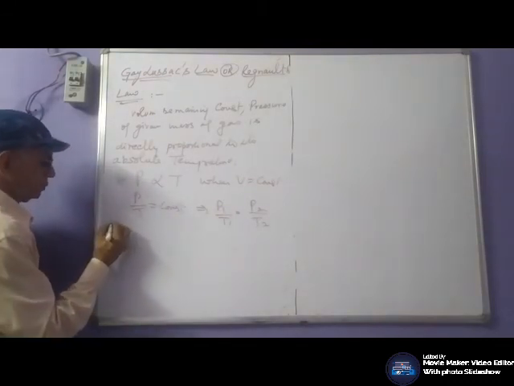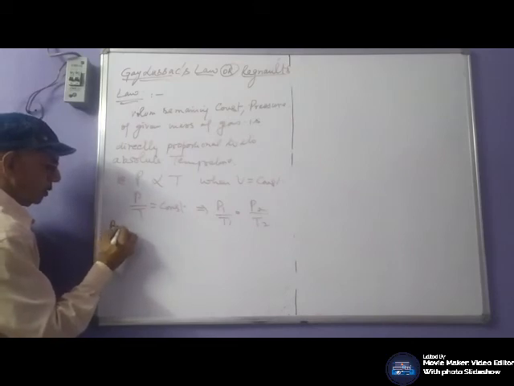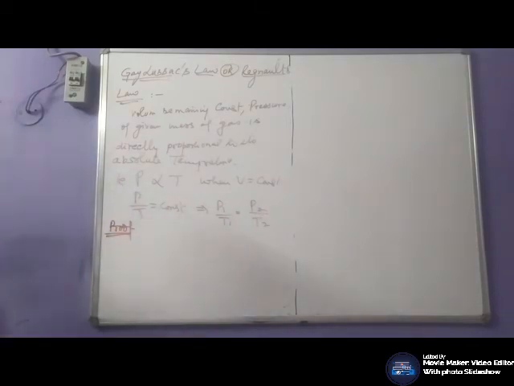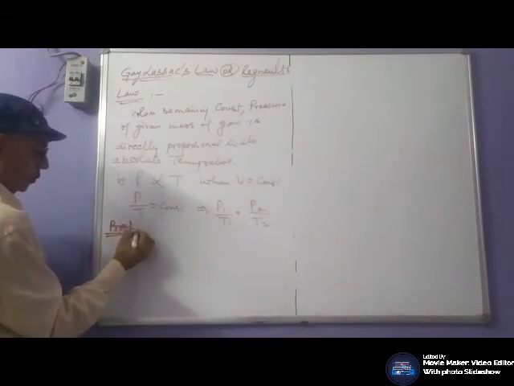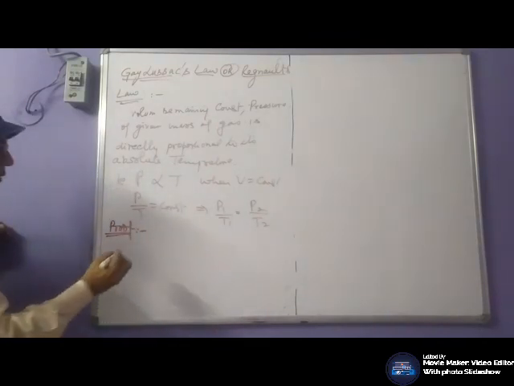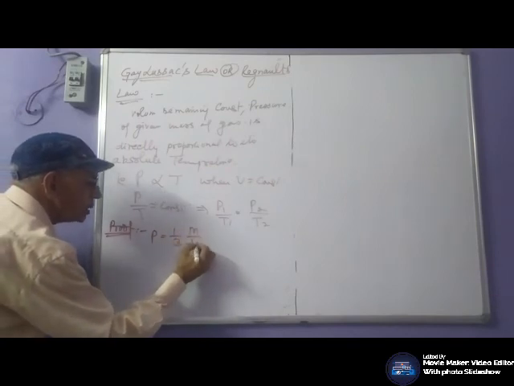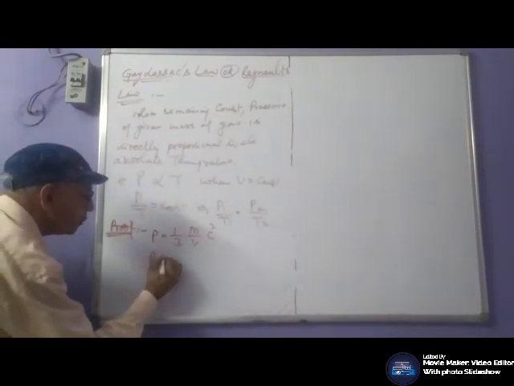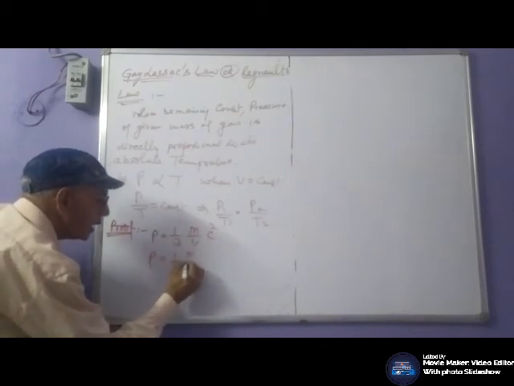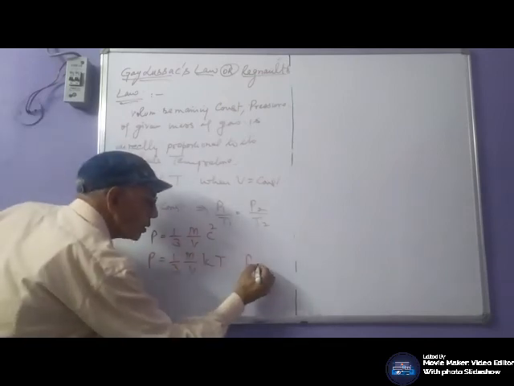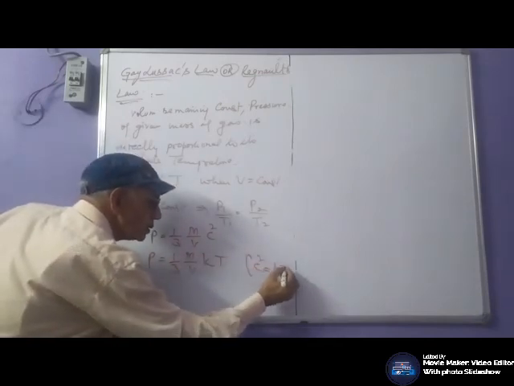Proof. P is 1 by 3 m by V c square. P is 1 by 3 m by V kT, C square is kT.